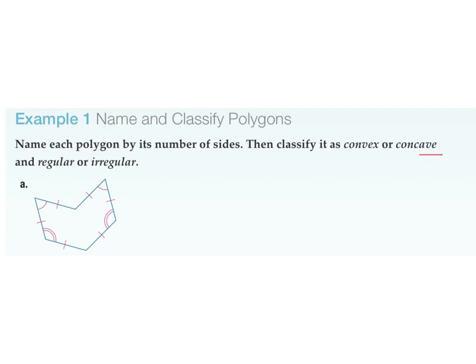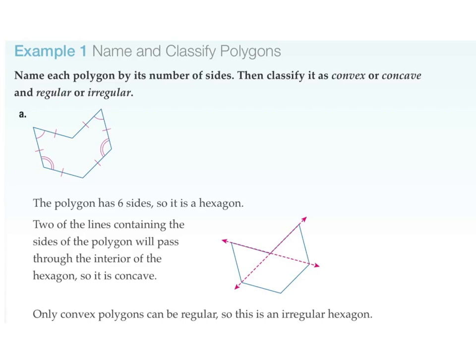Concave. If you think of a cave in a hillside, you go into a cave. So if you've got diagonals where a vertex goes in, then it's concave. If your diagonals are on the inside of it, it's convex. Simple, easy to remember. So let's have a look at the answers to this same problem.